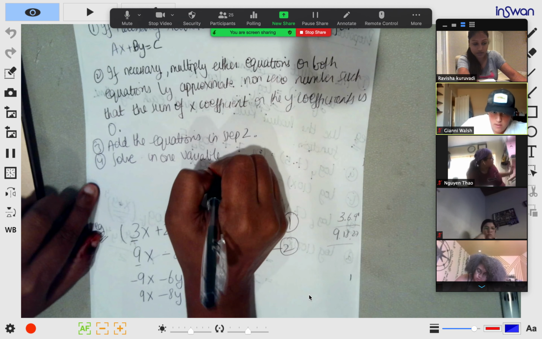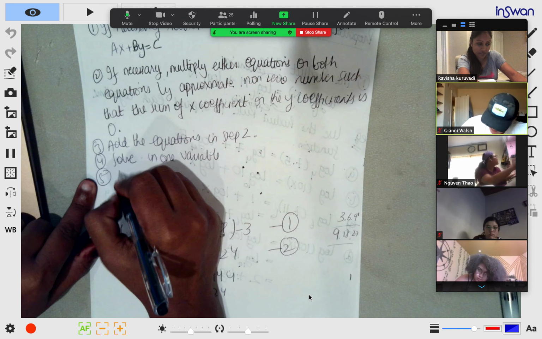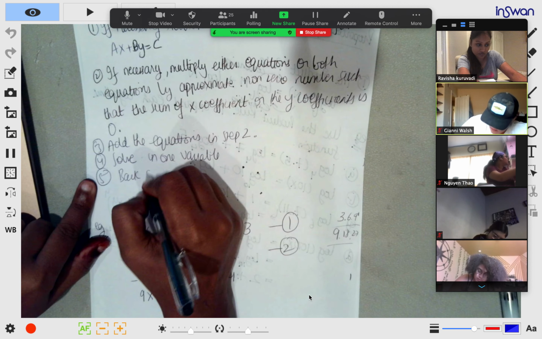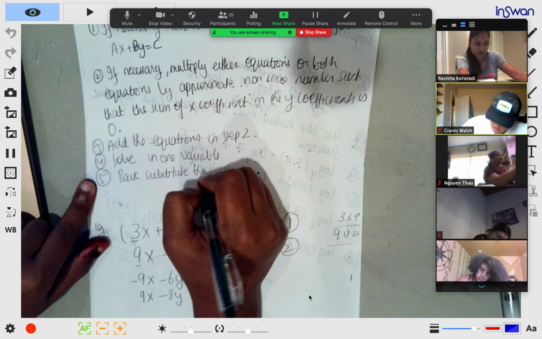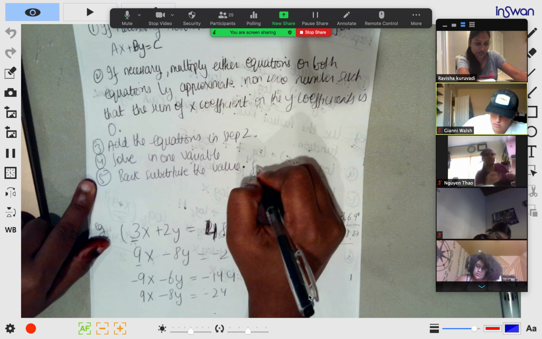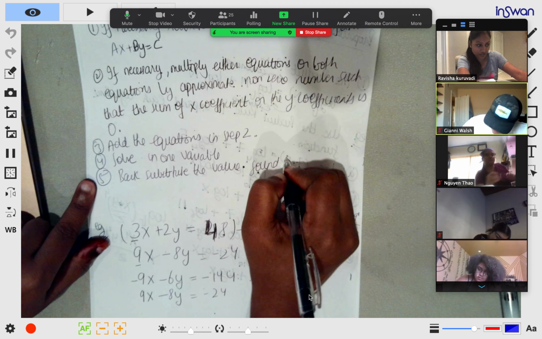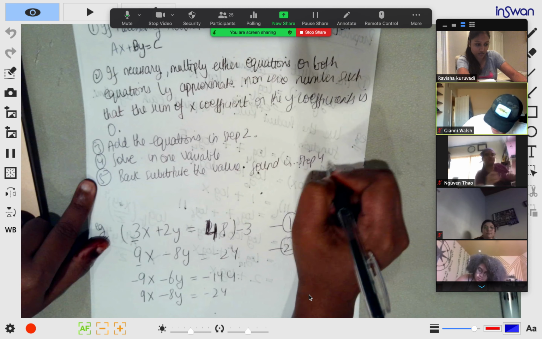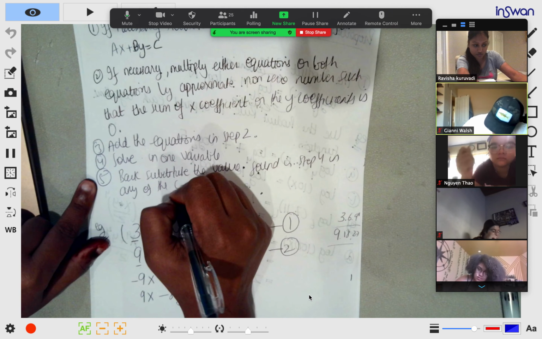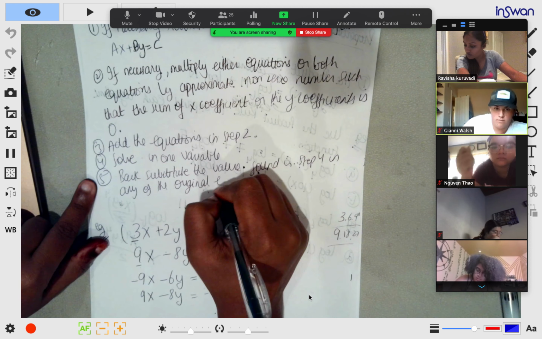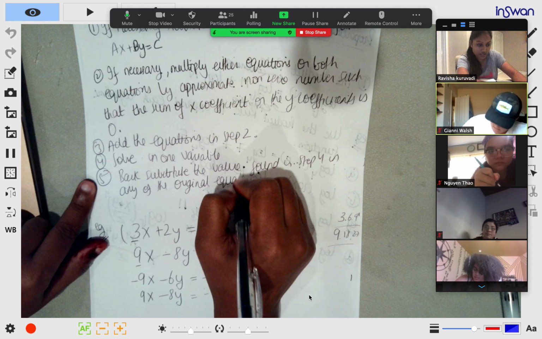Step 5 says back substitute the value found in step 4 in any of the original equations. Step 6 says check.